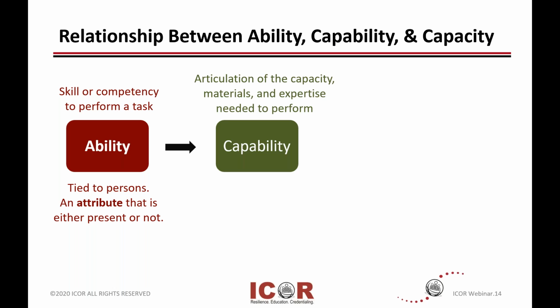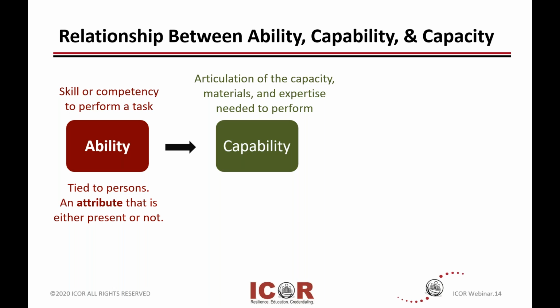So moving to capabilities. A capability is what they define it as. It's a combination of that capacity, the materials you have in place, and then that expertise that you need to perform. And expertise is going to be tied to that ability. And it's usually a collaborative process, and it also can refer to an ability that exists within an individual but can be improved upon. So we can see somebody becoming more capable as they have grown some of their abilities.